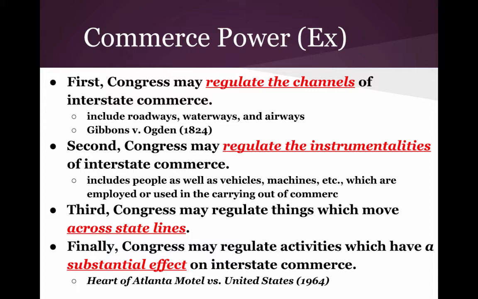But if we look at the examples on the slide here, Congress has been able to slowly expand its powers through the Commerce Clause, through regulating channels of commerce, regulating the instrumentalities of commerce, and thirdly, if we look at, say, New Deal legislation and civil rights legislation, Congress has used the Commerce Clause to regulate activities that have a substantial effect on interstate commerce as well.